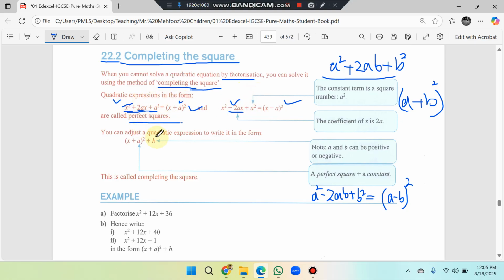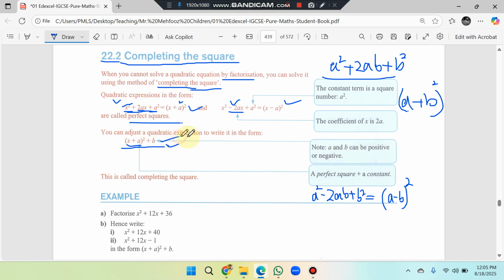Okay, you can write a quadratic expression in a form like this one. We can also write the quadratic expression in this way, like x plus a whole square plus b. So you can see a perfect square plus a constant. A and b can be positive or negative.